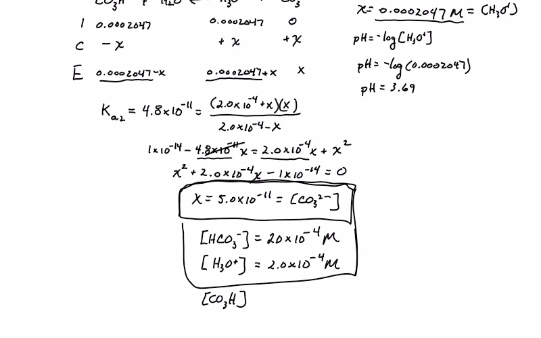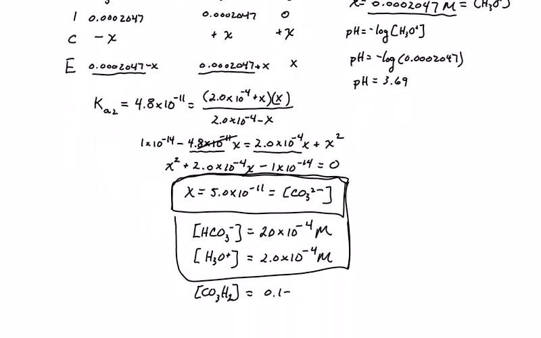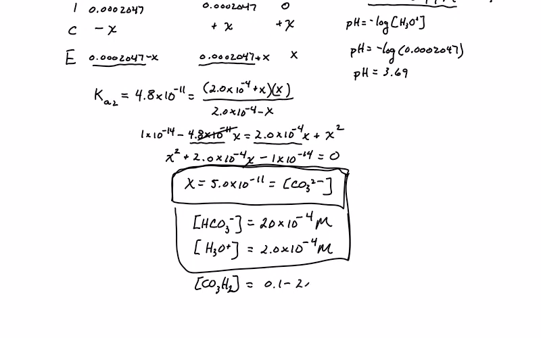We didn't do the math on that earlier, but that's going to be equal to 0.1 minus x, which was the 2 times 10 to the negative 4th. Which, unsurprisingly, works out to be roughly 0.1 molar.